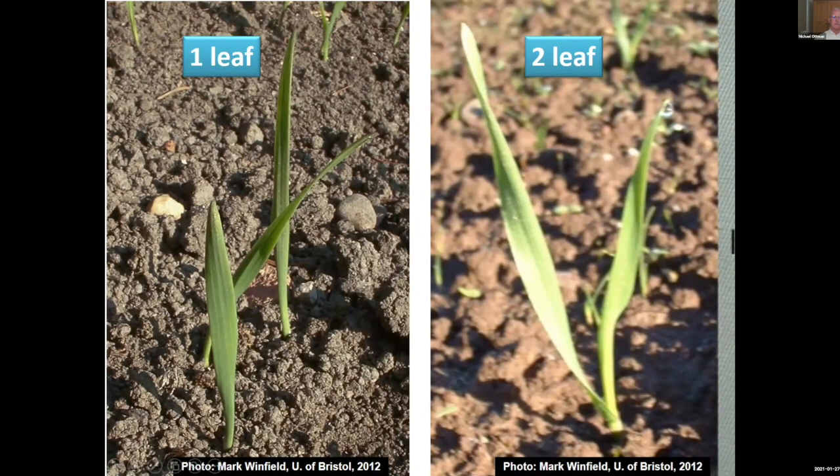That's very important because when you go out and try to count what leaf stage you're at, it's often kind of hard. You want to find that first leaf. The first leaf has a rounded tip and the other ones have a sharper tip.